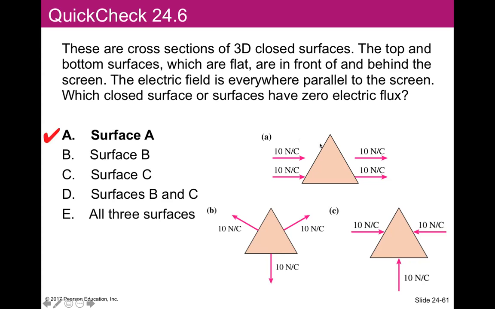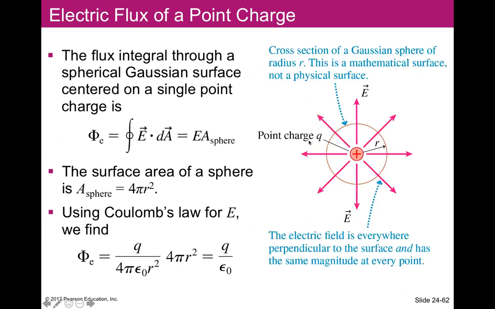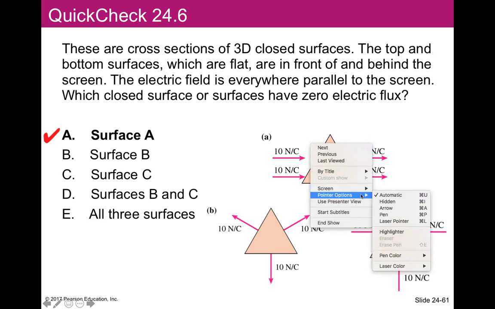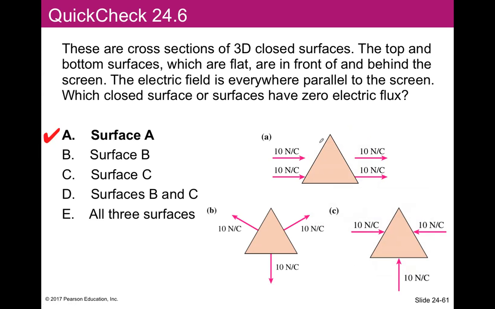Let's see. So first of all, what's the direction of this surface? The direction of the surface vector is in this direction. So what's the theta between E and dA?